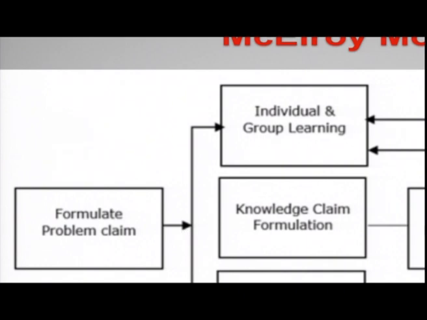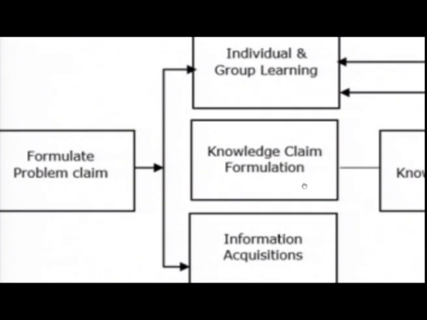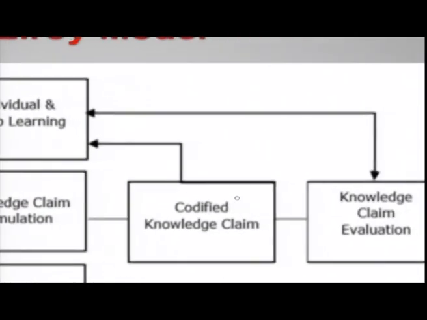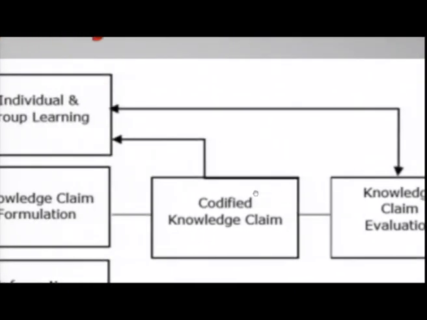Then after formulating the problem claim, it is distributed to individual and group learning, the knowledge claim, and it will be distributed to the information acquisitions. As far as this individual and group learning is concerned, we evaluate the knowledge that has been obtained.